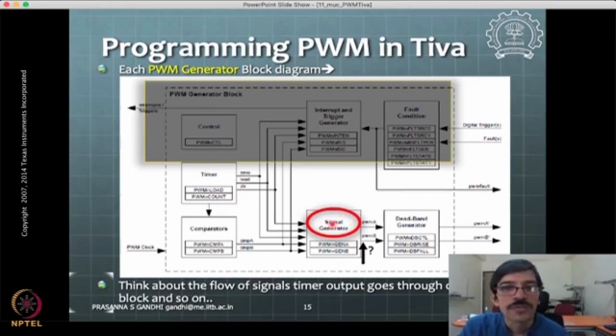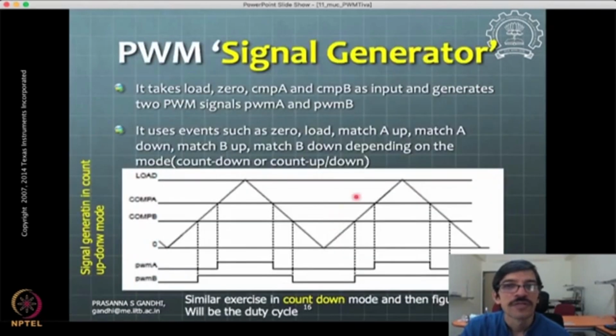Okay, so you can see here what is happening now in Tiva. In the signal generator, whenever this compare B is reached, that B signal pulse is converted into a trigger which will make this PWM B signal go high.